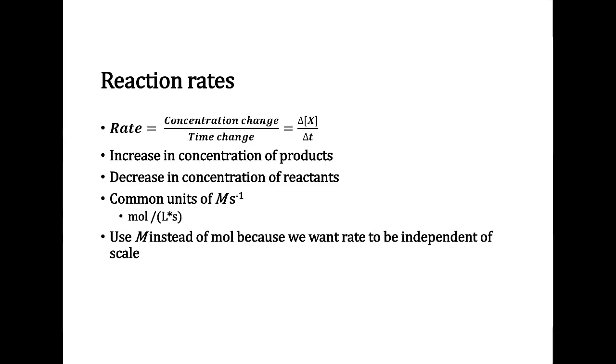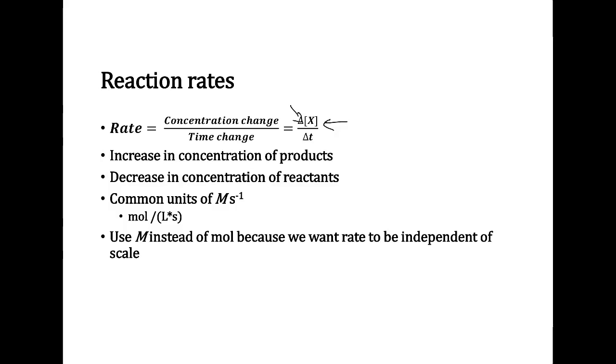So these reaction rates are given as a change in concentration over the change in time. Just to review, the delta sign represents the change, and anything in brackets represents the concentration. So for products, we'll see an increase in their concentration over time, and for reactants, we'll see a decrease in the concentration over time.